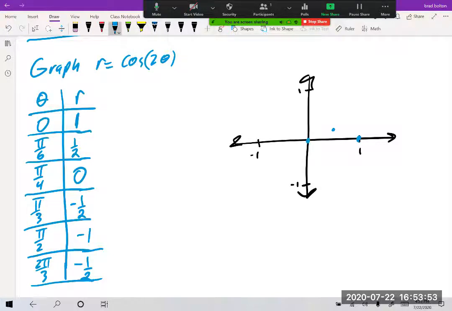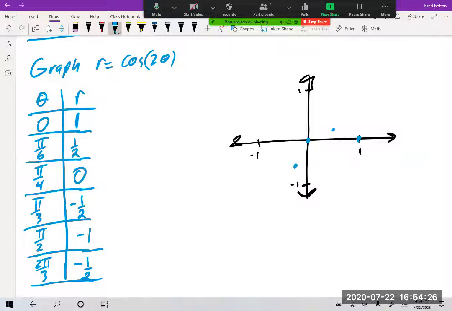So remember, pi/3 with 1/2 would normally be right about there. However, because it's negative 1/2, it's actually over here, so I have to erase that one. And then we go pi/2. Pi/2 would normally be 1. Let me do this right. Pi/3 with 1/2 would normally be there, but because it's negative, we flip.